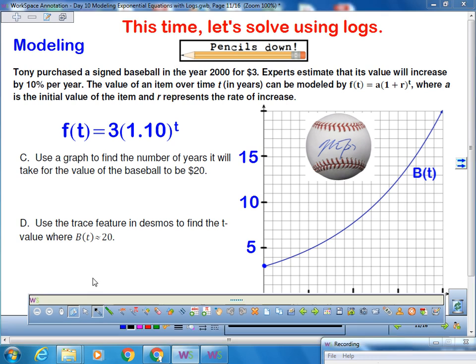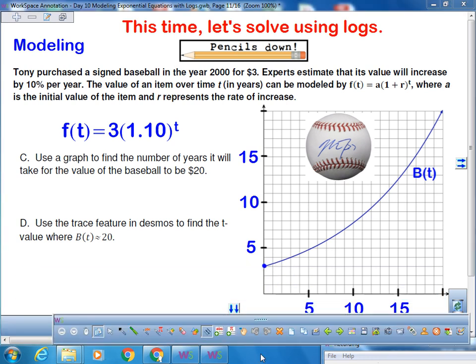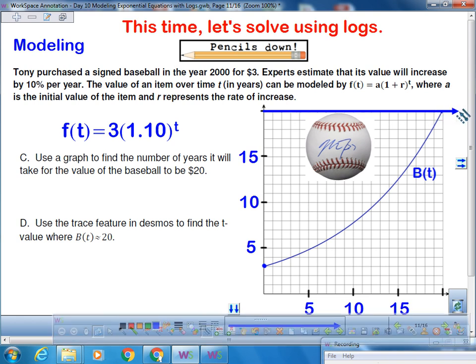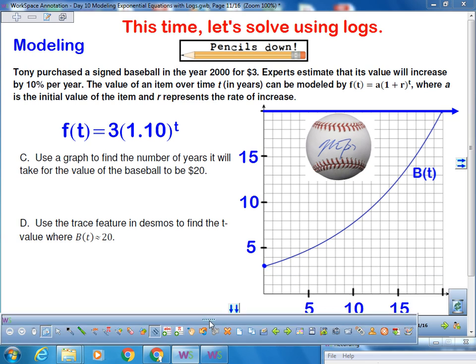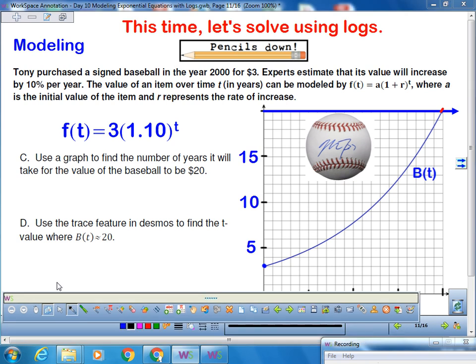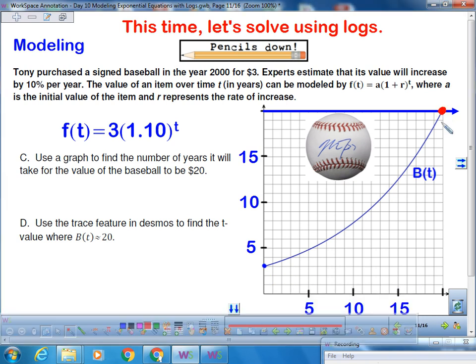Well, $20 would be, if this is 1, 2, 3, 4, 5, 6, 7, 8, 9, 10, so $20 would be here. This is how we found it before. So we estimated. We would go down here and say after how many years?